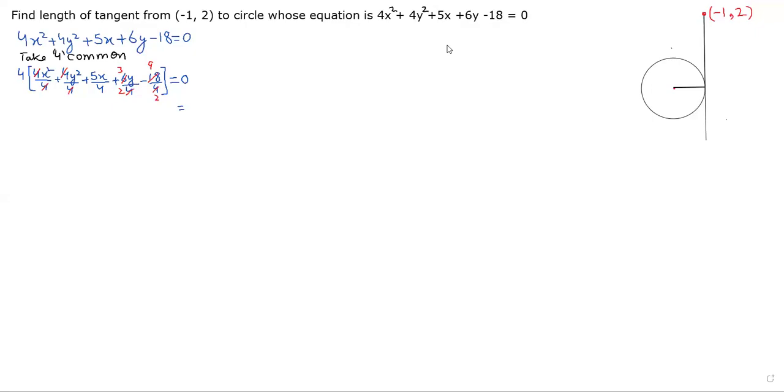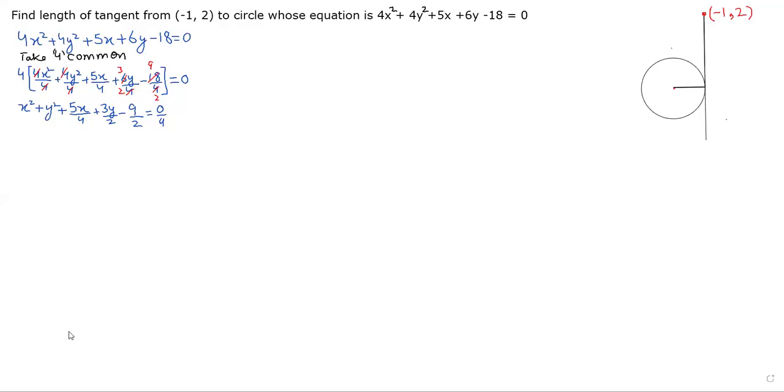Over here what will be left is x square plus y square plus 5x over 4 plus 3y upon 2 minus 9 upon 2 equals 0 over 4.